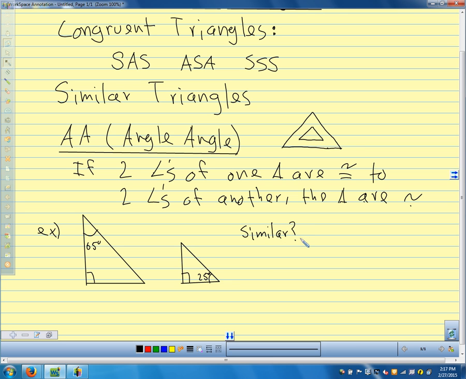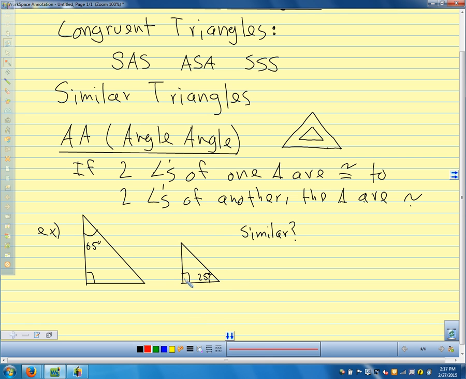Are these similar? Well, from the angles that we've drawn there right now, do we know for sure? No, but what can we do? Add them up. Well, all the angles in a triangle have to add up to 180, so we can figure out the third one, right? So which one do we want to figure out?